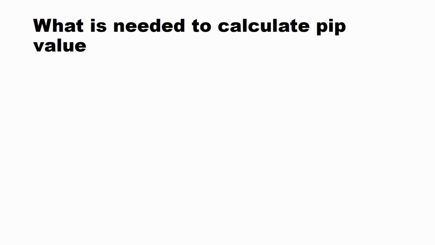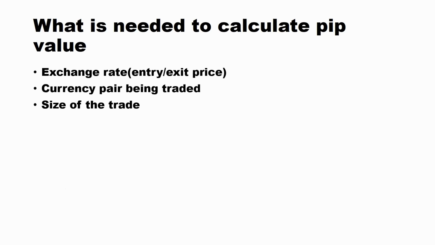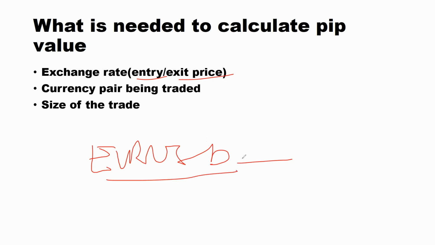What is needed to calculate this pip value? You'll need to know the exchange rate, right? Exchange rate here, I mean the entry and then the exit. Let me give you an example. Let's say you're trading Euro USD and you are going to buy. Remember, we said trading is all about buying and selling, right? If we expect the Euro USD exchange rate to move up, let's say the exchange rate is 1.1234.